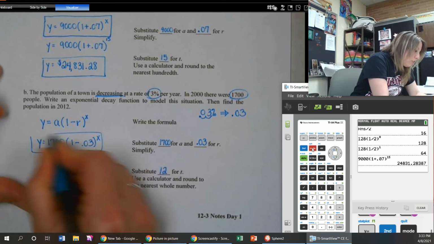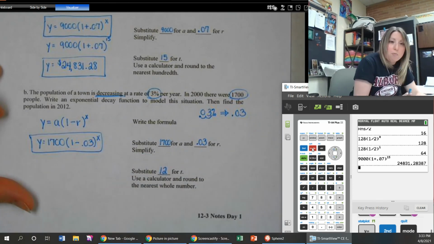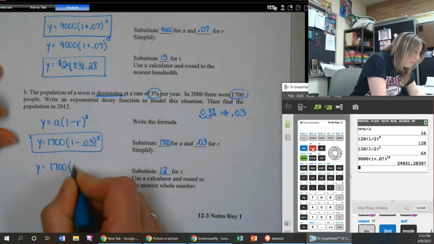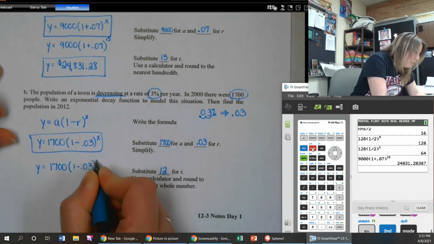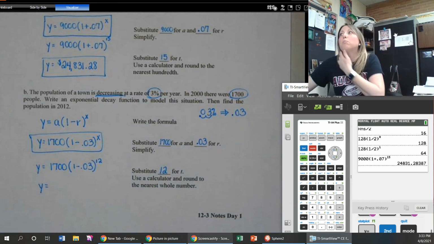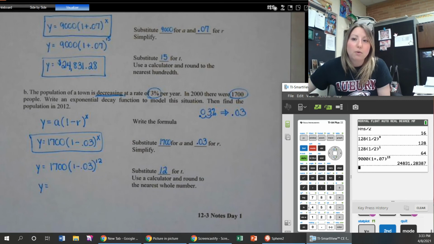There's your general function. Now, I want to know about that in 12 years. What's the population of this town if we're losing 3% per year? And in 12 years, what's that population? Now, this is different because we'll be rounding to the nearest whole number, to the nearest person. So this is 1,700 times (1 minus 0.03), and then end parenthesis, and then exponent.